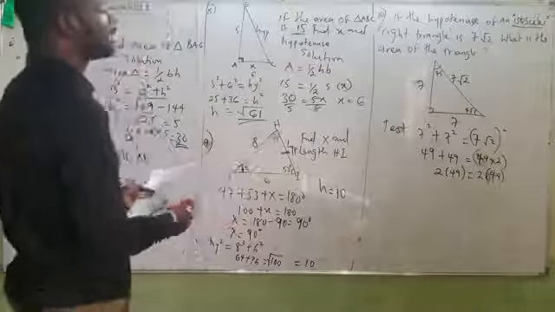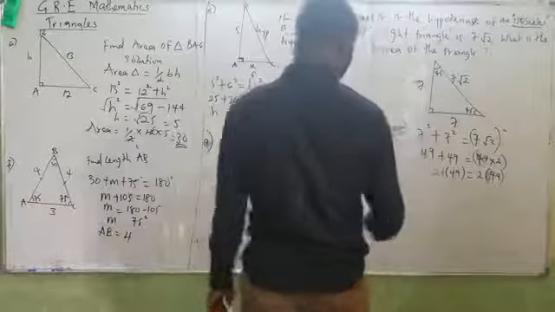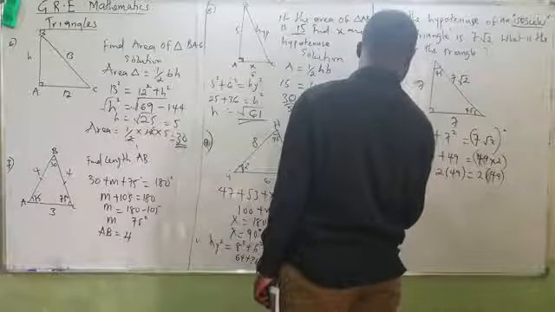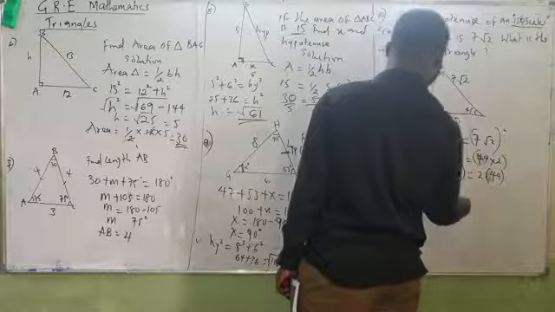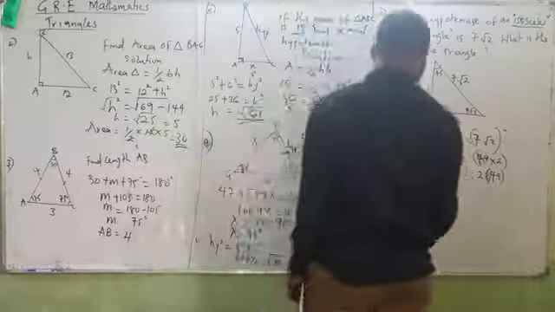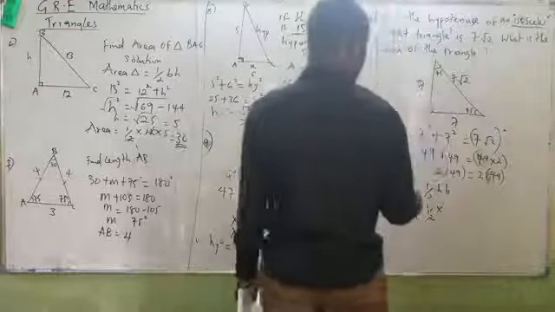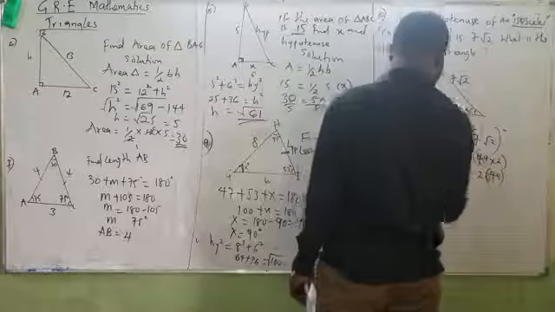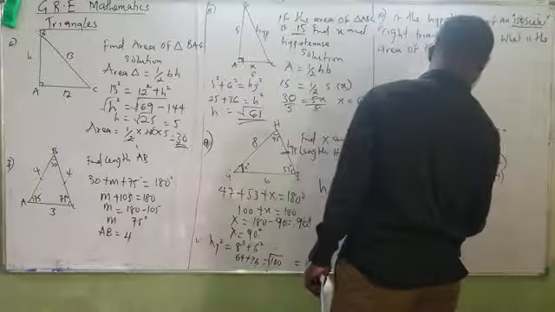Okay, since they are the same, what is the area of the triangle? The area of a triangle is always equal to half base times height. It means 1 over 2 multiplied by base, which is 7, multiplied by height, which is going to be 7.